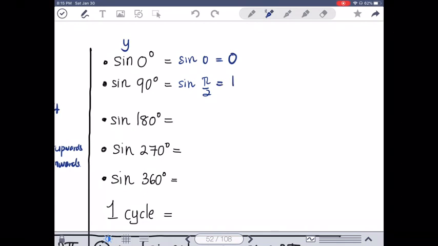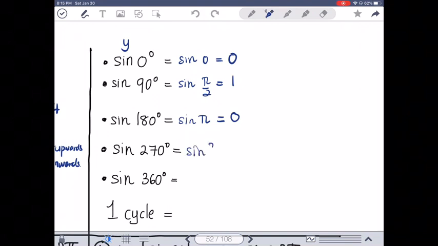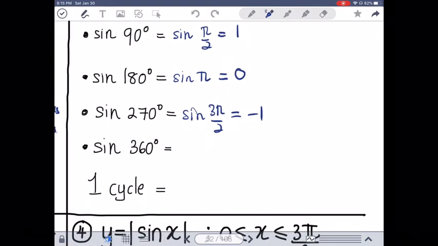And if we have sine 180 degrees, which is just equal to sine pi radian, we will get 0. Sine 270 degrees, which is just equal to sine 3 pi over 2, we will get -1. And sine 360 degrees, which is just sine 2 pi, we will get 0.